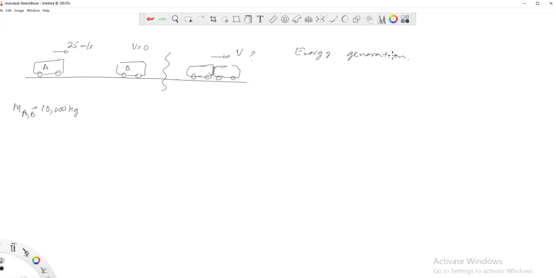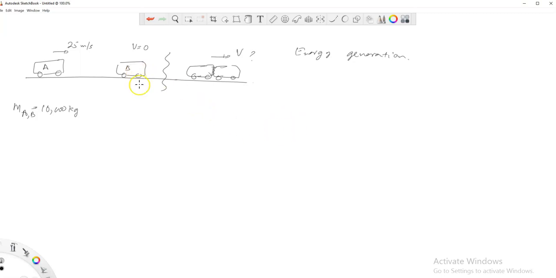Was it a constant acceleration or a changing acceleration? We don't know any of those. And then the second car is going to speed up. It was initially at rest. So how much time did it take to speed up? Was it a constant acceleration or not? So there are so many variables we have to deal with if we don't have momentum conservation. Momentum conservation just looks at the initial and final states.